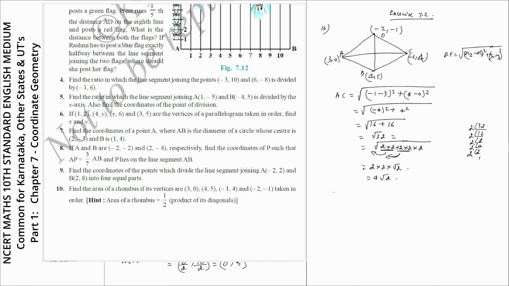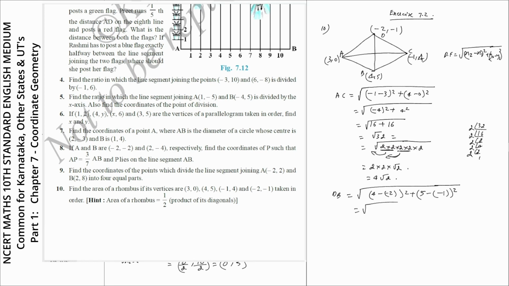Now what is the distance BD? Distance BD is given by square root of x2 minus x1, that is 4 minus of minus 2 the whole square plus y2 minus y1, 5 minus of minus 1 the whole square.